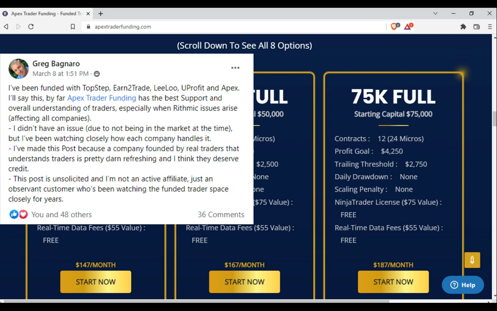And of course, every one of the prop firms he listed all use Rhythmic for the data. So this is pretty huge whenever you have someone that has greater experience using every one of the main prop firms, and he's saying that Apex by far is the best.